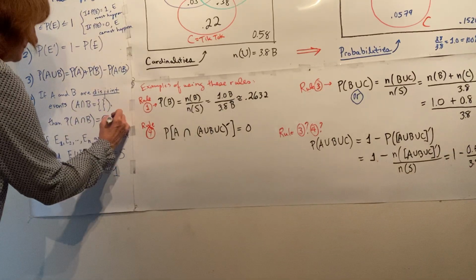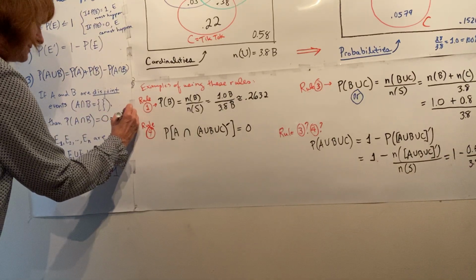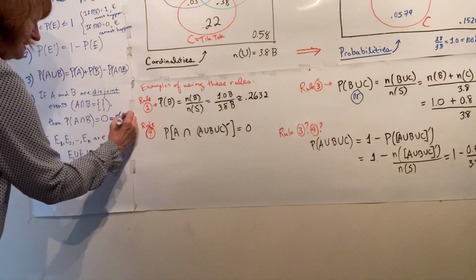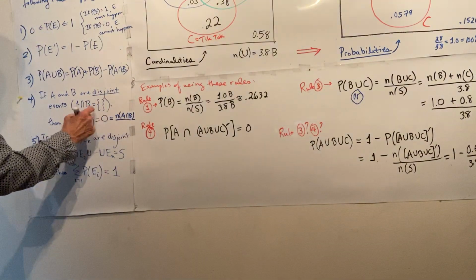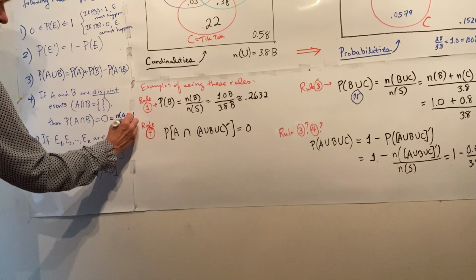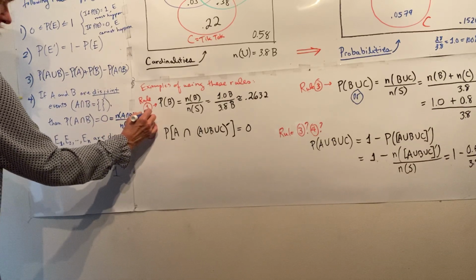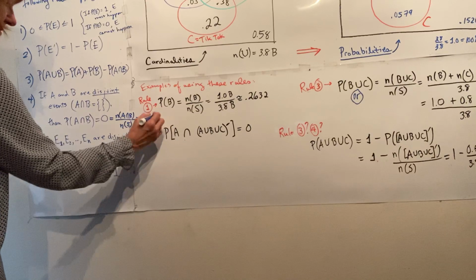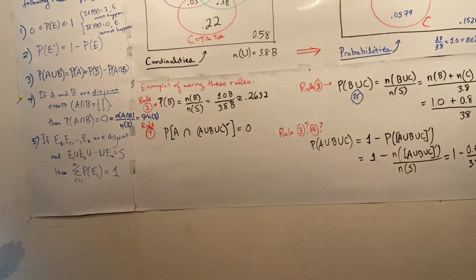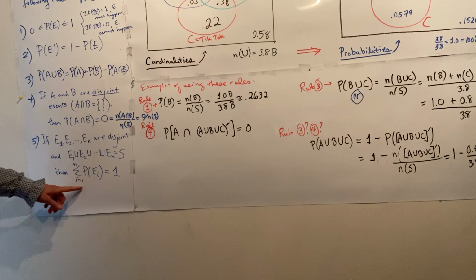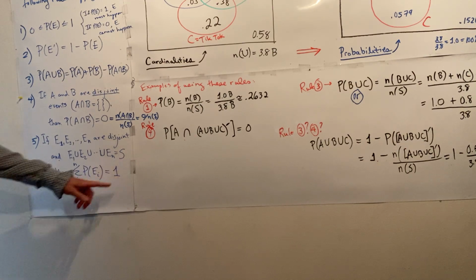Why? Because that's equal to the number of things in A intersection B, which is the number of things in the empty set, over the number of things in the whole space. If that's equal to 0 over the number of things in the whole space, of course that's going to equal 0. And it should be true that if you have a bunch of disjoint sets, the sum of all their probabilities should be equal to 1.